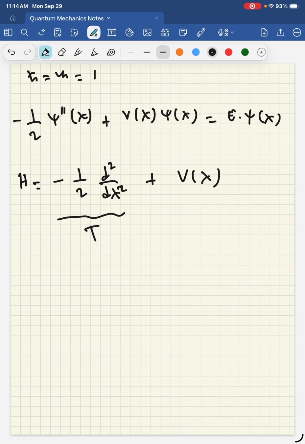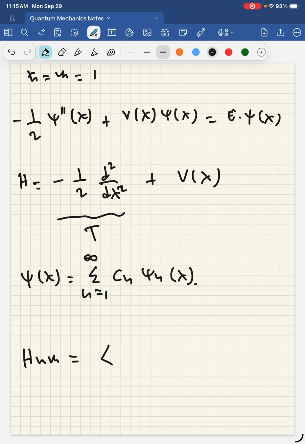I hope this makes sense. And we said we are going to expand in a complete basis. Psi of x is equal to the sum from n equal to 1 all the way to infinity of c_n psi_n of x.